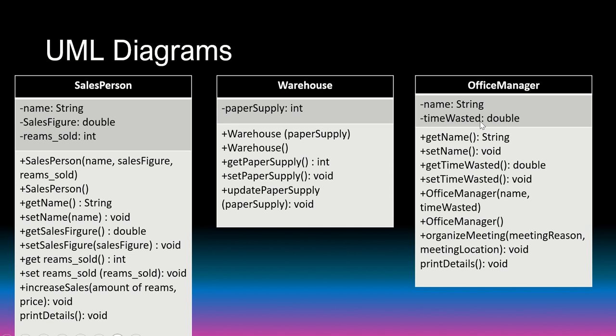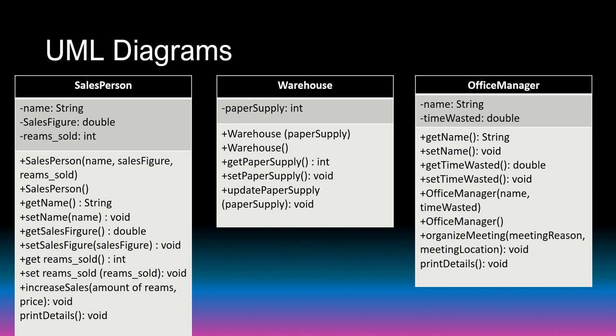Our last class is the office manager class. The office manager has two attributes, name and time wasted. If you haven't seen the show, The Office, the manager on that show is a big time waster. It's part of the comedy of the show, so that is why that attribute is included here.